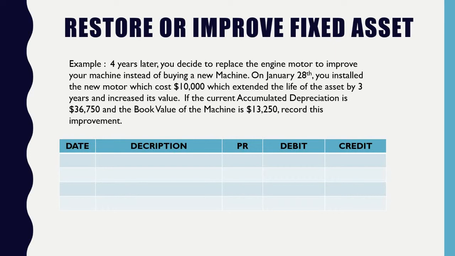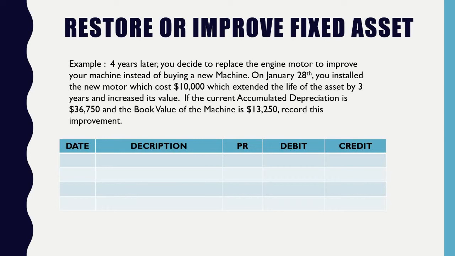Right now, it currently has accumulated depreciation of $36,750 and the book value of the machine is currently $13,250, right? So record this improvement. So once again, this is option number one.